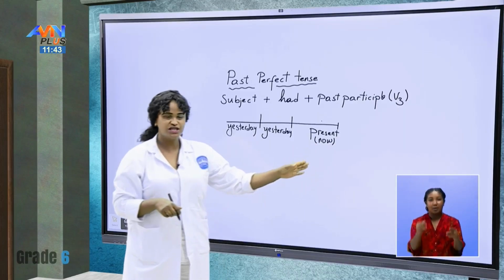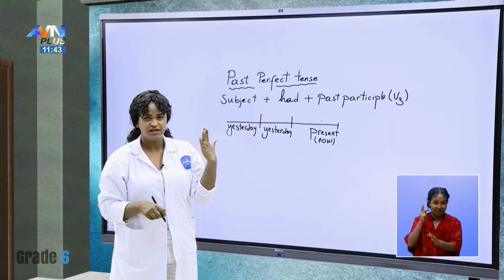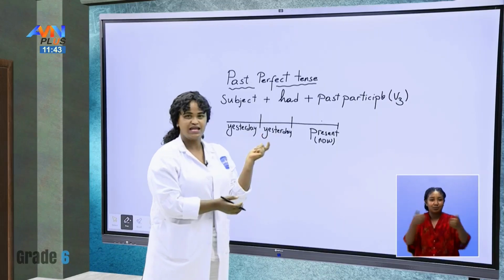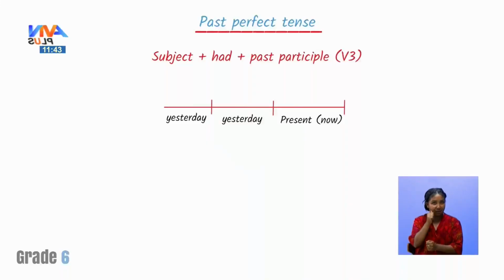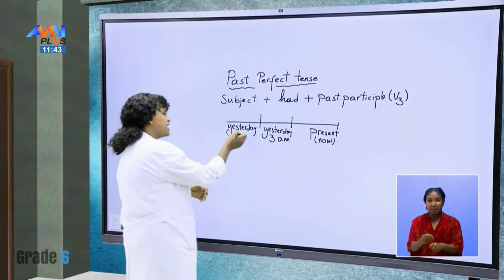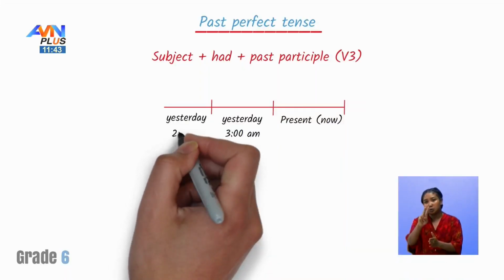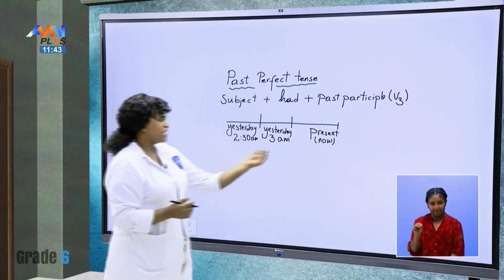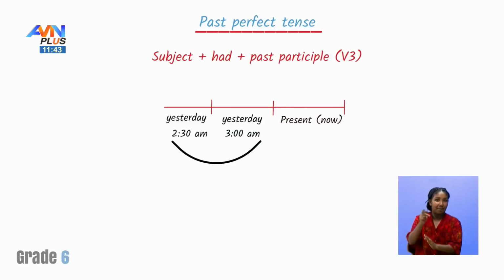When we see this timeline, now it is a present action, right? And whatever happens before now is all what? Past action, right? That's what we said last time. Clearly, yesterday is past for now. Let's assume that yesterday at 3 a.m., and the other activity happened at, let's say, 2:30 a.m. Based on the time frame of now, both of them are past.